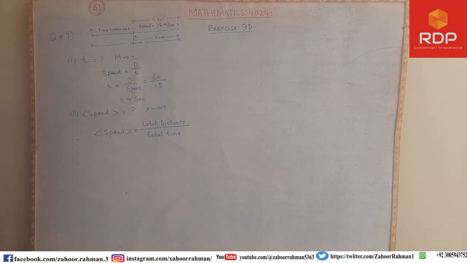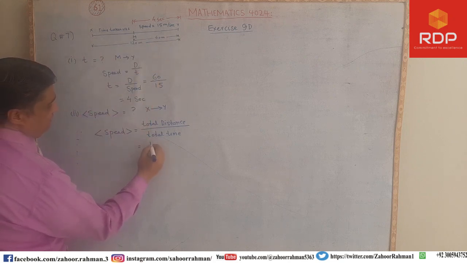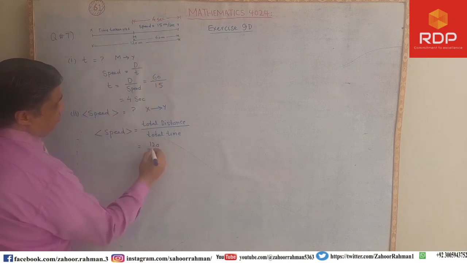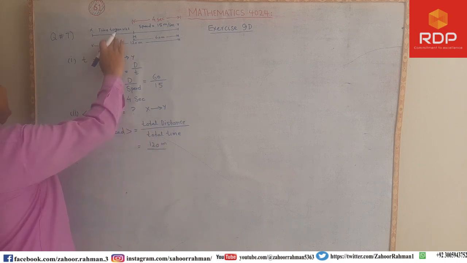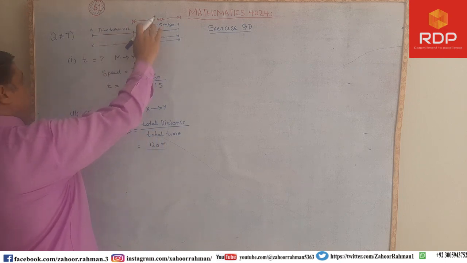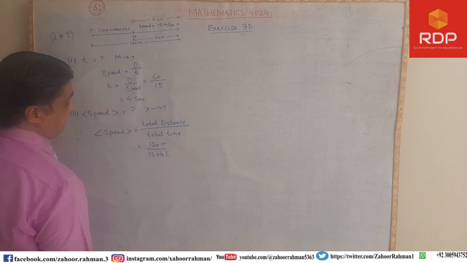Now first the total distance is given to us and that is 120 meter. So we have to find the total time: 12 seconds and 4 seconds. So we are writing 12 plus 4 seconds.